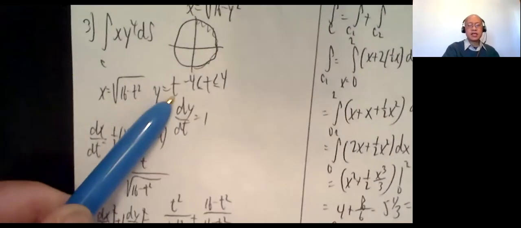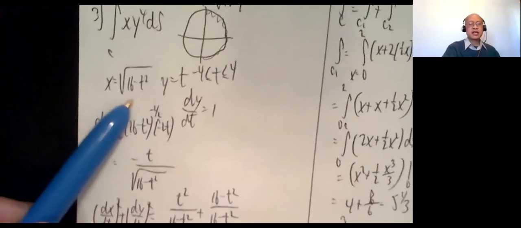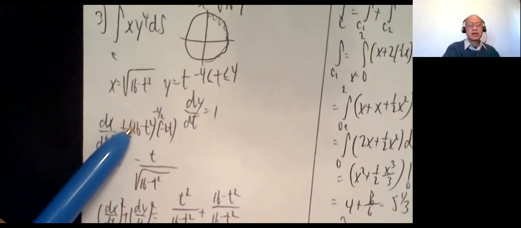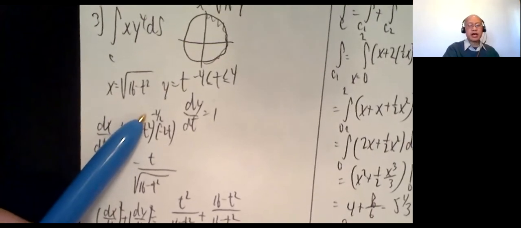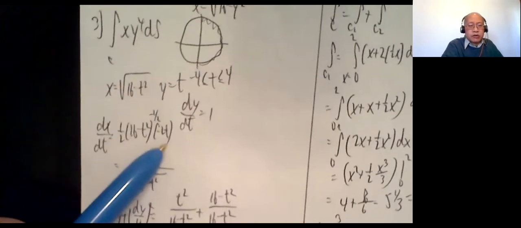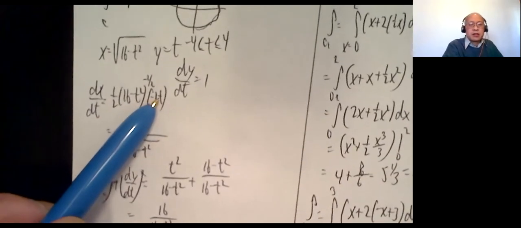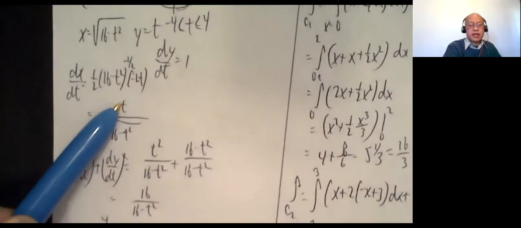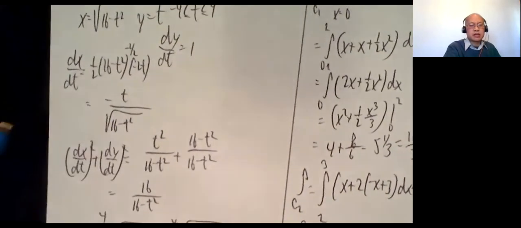So dy dt is easy, 1. Dx dt is 1/2 times 16 minus t squared to the -1/2, times the derivative of 16 minus t squared, which is -2t. The -2 cancels to 2, so the best form is -t over radical 16 minus t squared.